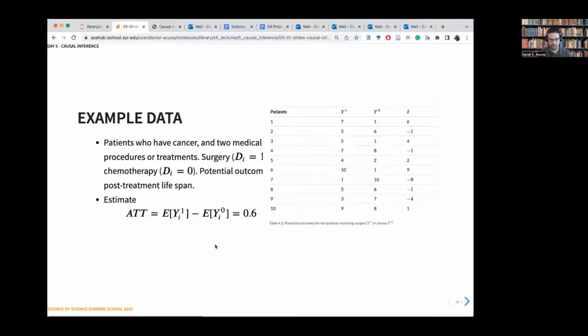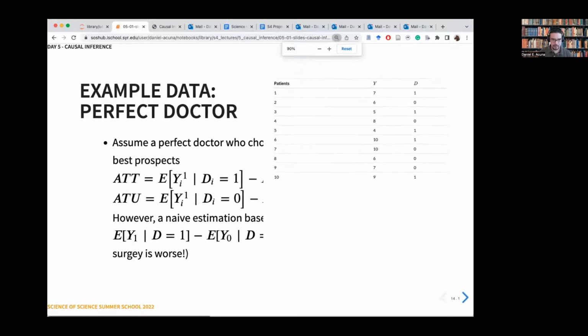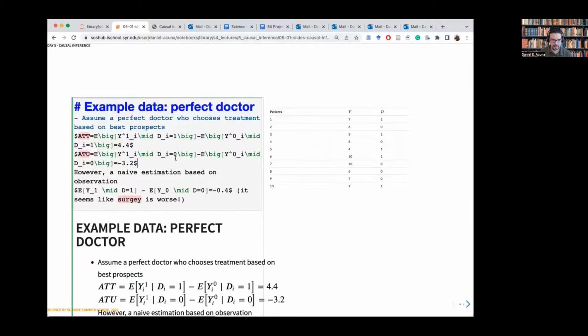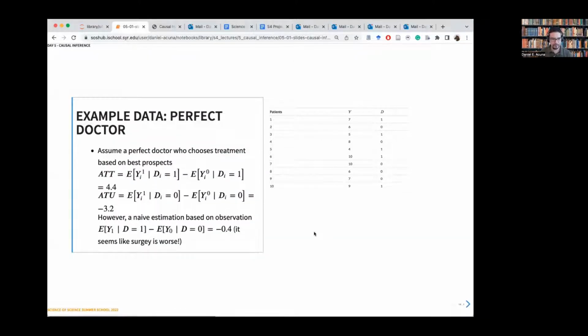We just compute this difference. Okay, good.